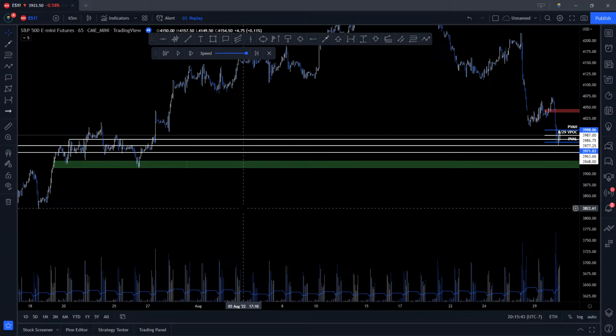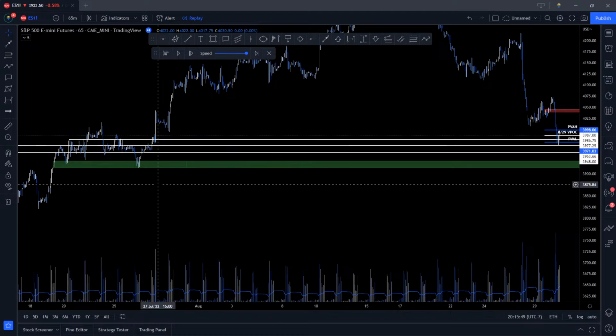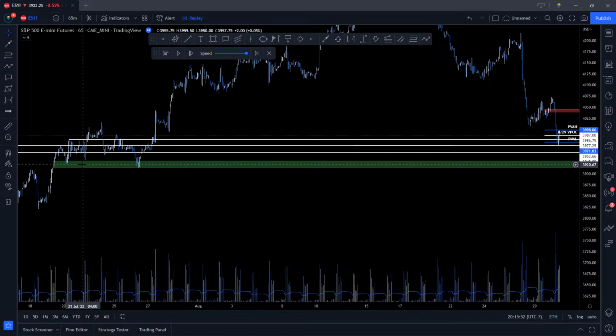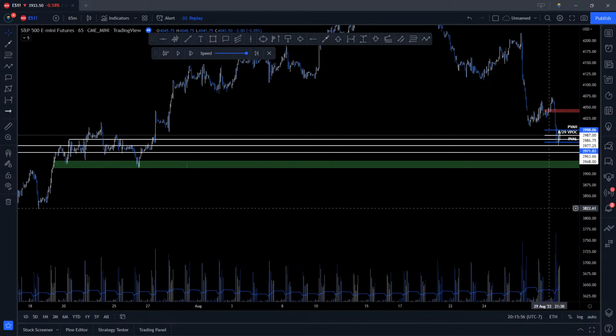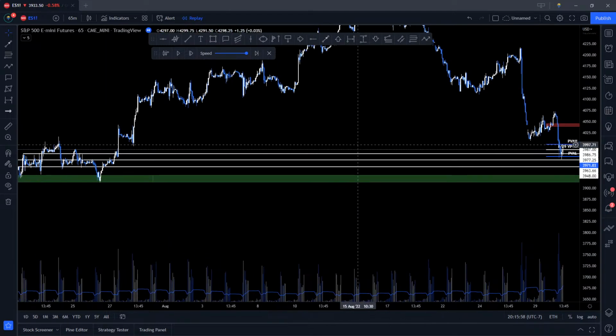The market divides by 7 into 65. So you might find some stronger levels on the 65-minute just because everything's rounded. So I like to look at that as well.